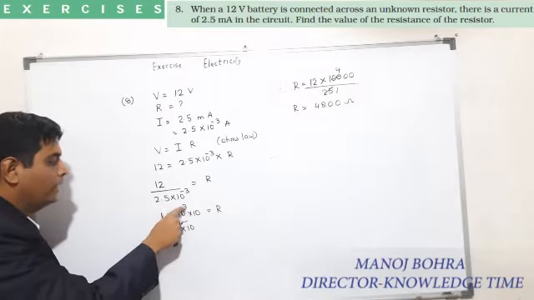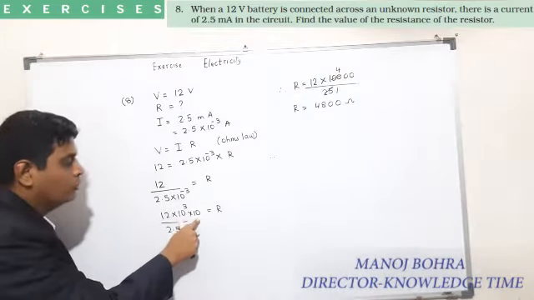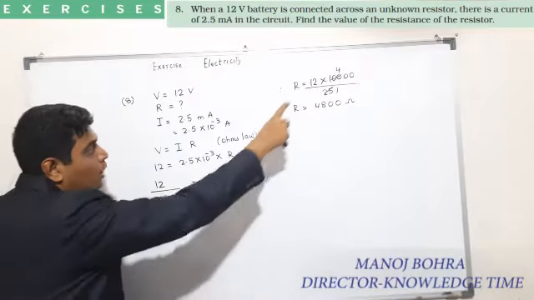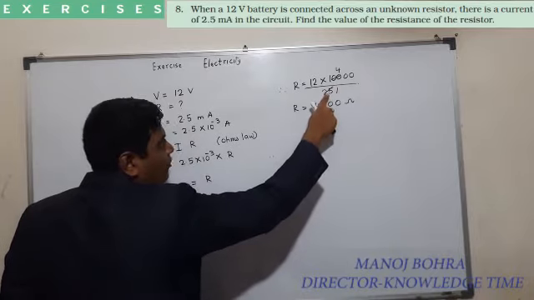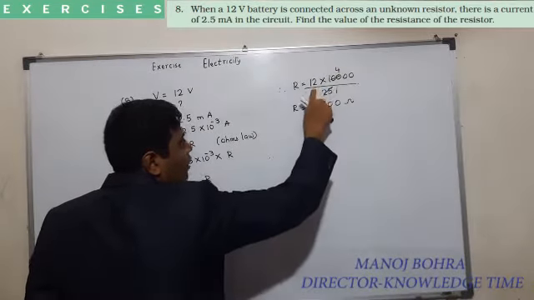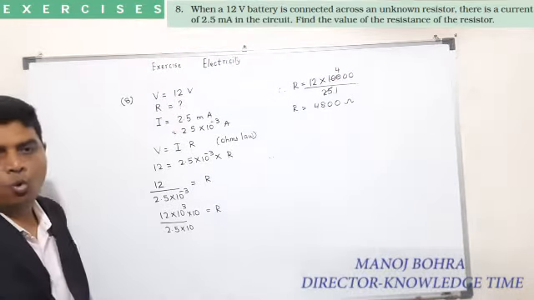So it will become 12 into 10 raised to plus 3. 2.5 I will multiply by 10, same thing I will do in the numerator. So R is 12 into 1, 4 times 0 divided by 25. 25 ones are 25, 25 fours are 100, 12 into 400, R is 4800 ohms.